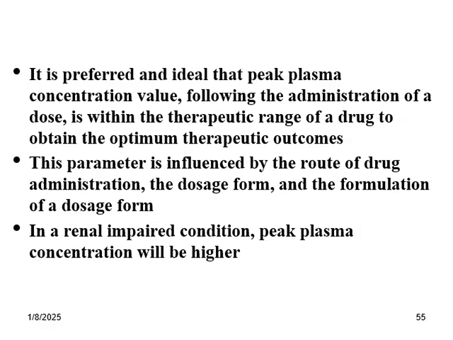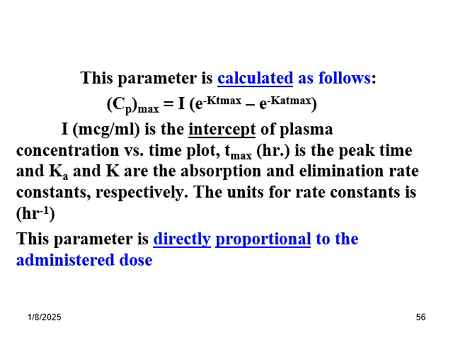Cpmax can be calculated with the equation on this slide. You are not required to know that now, but it's for your information, to make you familiar with the whole set of parameters. I here is the intercept of the plasma concentration-time plot. Tmax here is the peak time, and Ka and K are the absorption and elimination rate constants.